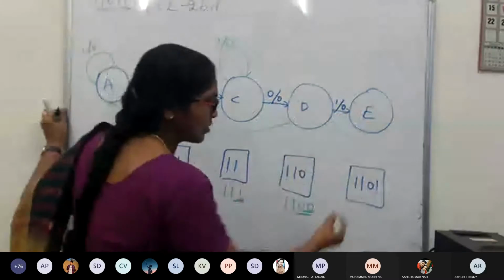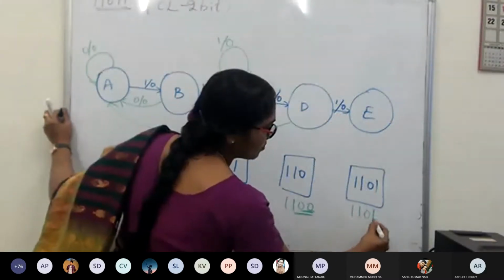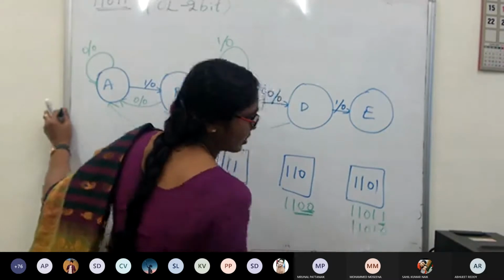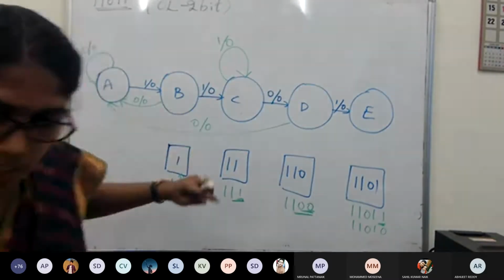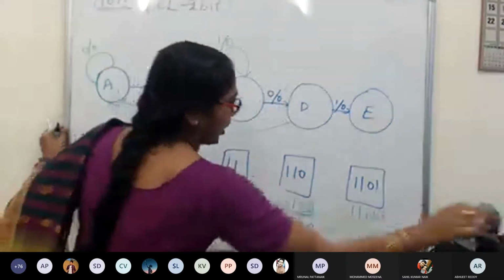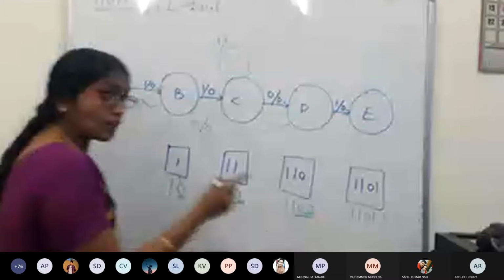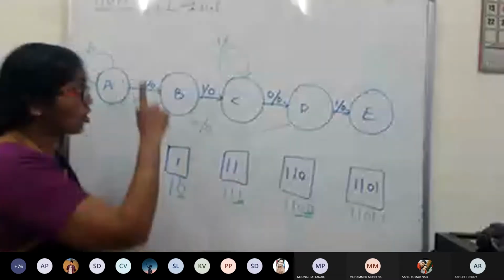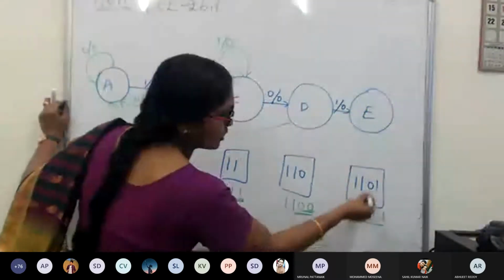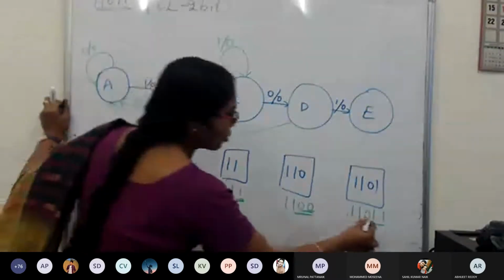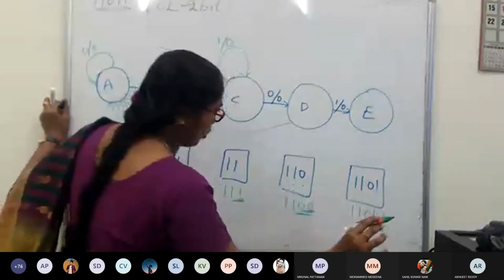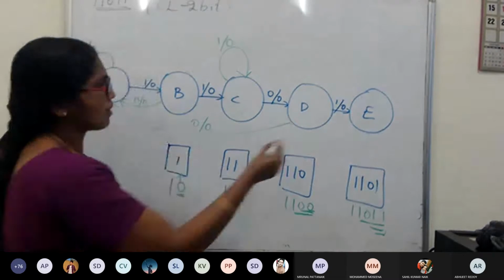Now what about E? I have the option of either this or this, so individually I will check. Always remember, 4 state to 4 state: compare this 4 with this box. Is there a match? No. Then go to the 3 state with the previous one. No. Go to the 2 state. Yes, there is a match.